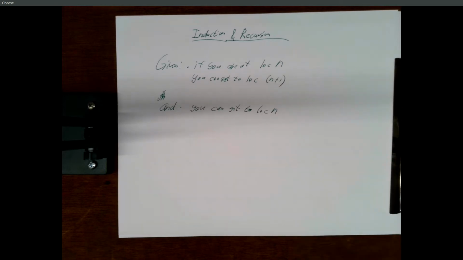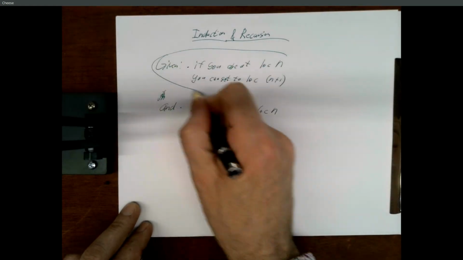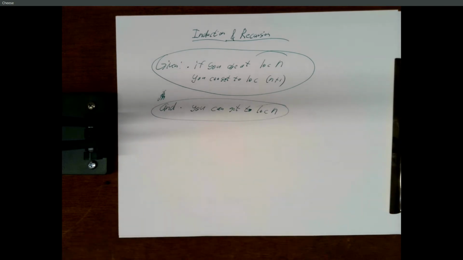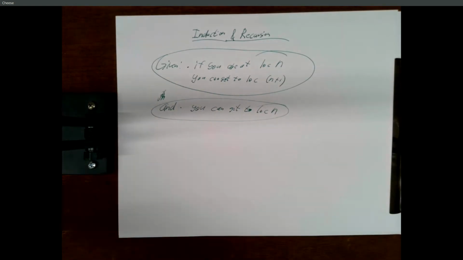Okay, that's the essence of every proof we're going to write for the next week. The challenge is usually showing this. Usually showing you can get to some location n, that's pretty easy. The challenge is showing that if you can get to n, you can get 1 step further.